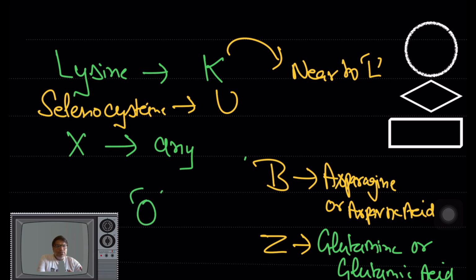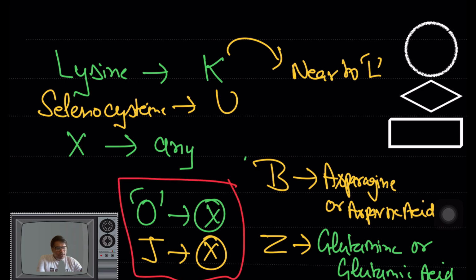Now let's move further. Here I just want to tell you, if you see the case of O, no amino acid has been assigned. Same way we are not going to use J. O and J, these two letters in the alphabet have not been assigned any amino acid. O is going to be confused with 0.